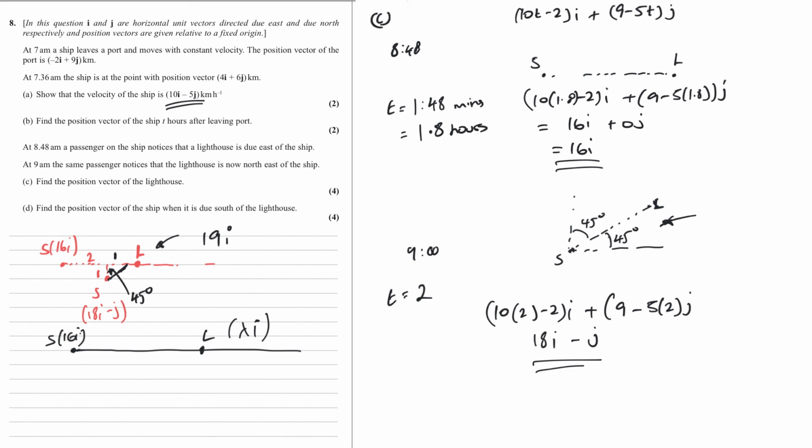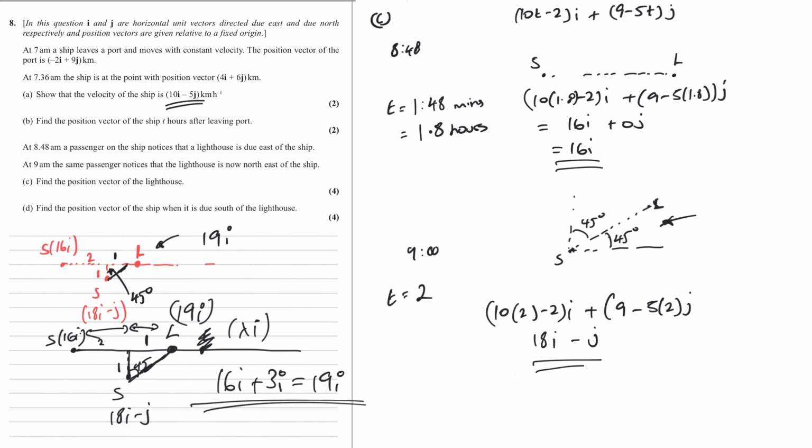We then went across 2, down 1, which was the 18i minus j. And then this 45-degree angle back up means that this horizontal has to be 1 as well. So the lighthouse is here, and we've gone across 2 plus 1, so across 3, so it must be 19i, because we've added 3 onto our 16i. Hopefully that's made sense.